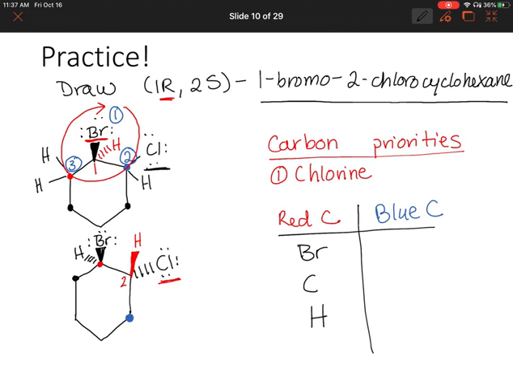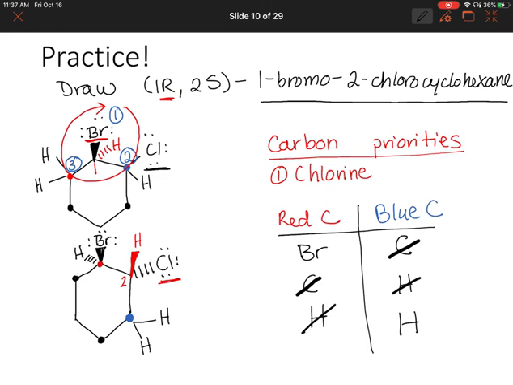Okay, so what about the blue carbon? Well, the blue carbon is bonded to this carbon down here and two hydrogens. Okay, so let's write carbon, hydrogen, hydrogen. All right, so now we can start canceling out similar atoms. Each carbon is bonded to another carbon and a hydrogen.